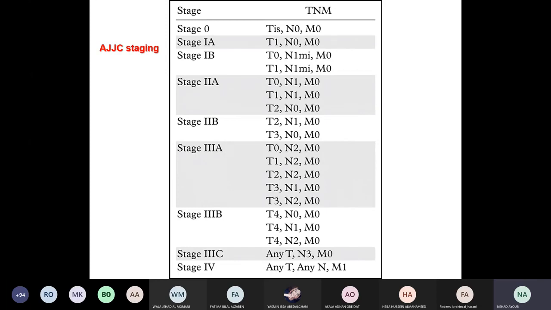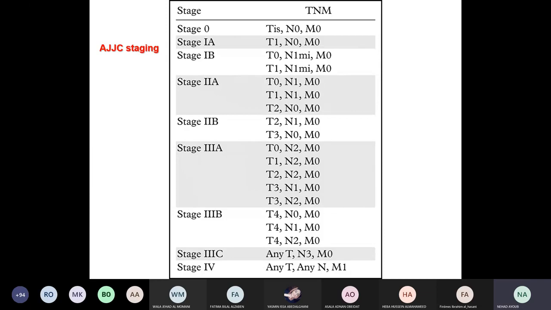This is what we call the histologic type, based on histology. So breast cancer, based on histology, could be in situ carcinoma, whether ductal or lobular, or invasive, and that's the common thing, whether lobular or ductal.